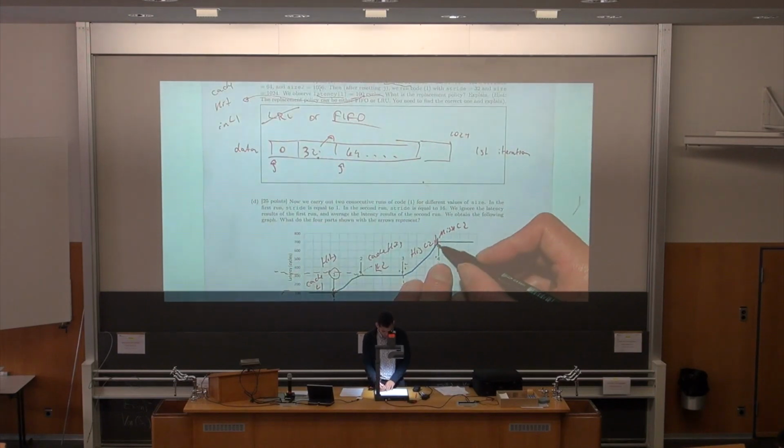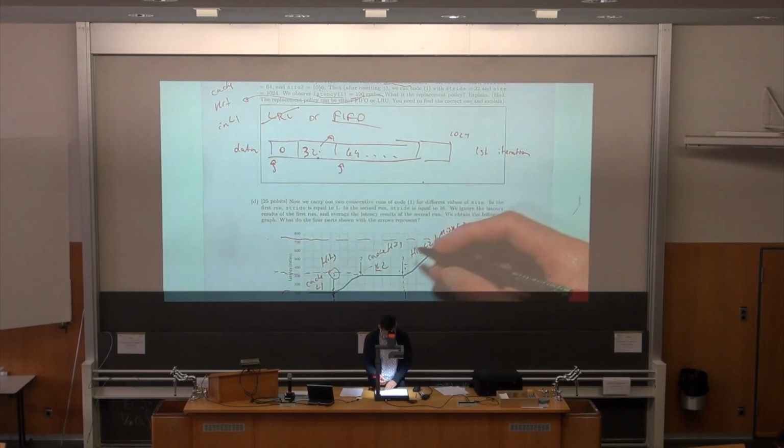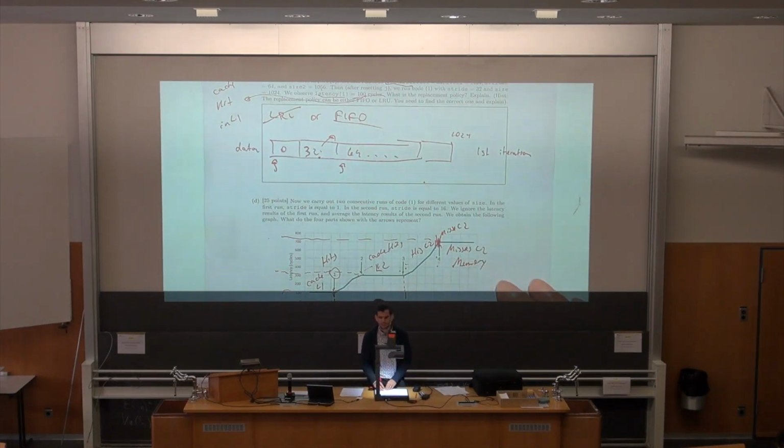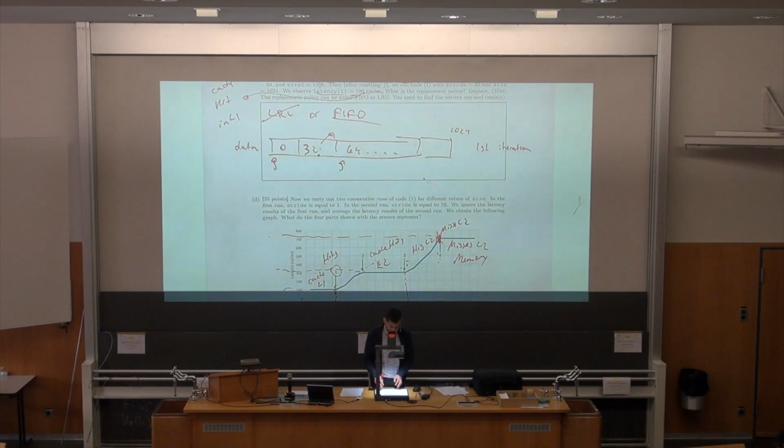And after point 4, everything starts to miss in L2. So I'm paying the 700 cycles. So these are misses in L2. So basically this is your latency to access memory. So this is the solution of the last part. Another question? Okay, so that is all. Who's the next one?